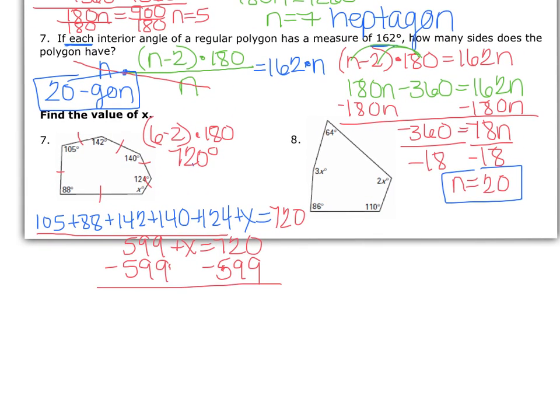So x is equal to 121, and that's an angle, so it's 121 degrees. Again, when we solve for x, remember x means an equation. We needed a sum, so we had to add everything up on the inside. We were responsible for finding that number first ourselves, so then we could set it equal to it. How about you pause it and try number 8, and then come back and check and see how you did.